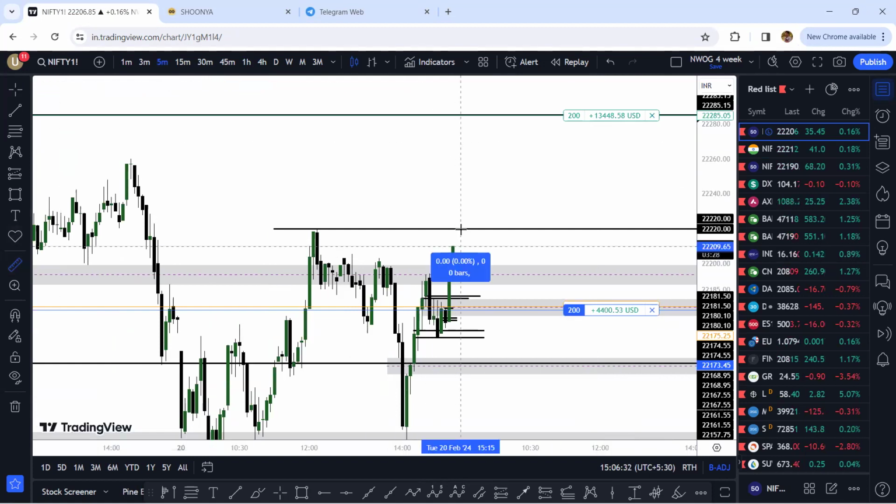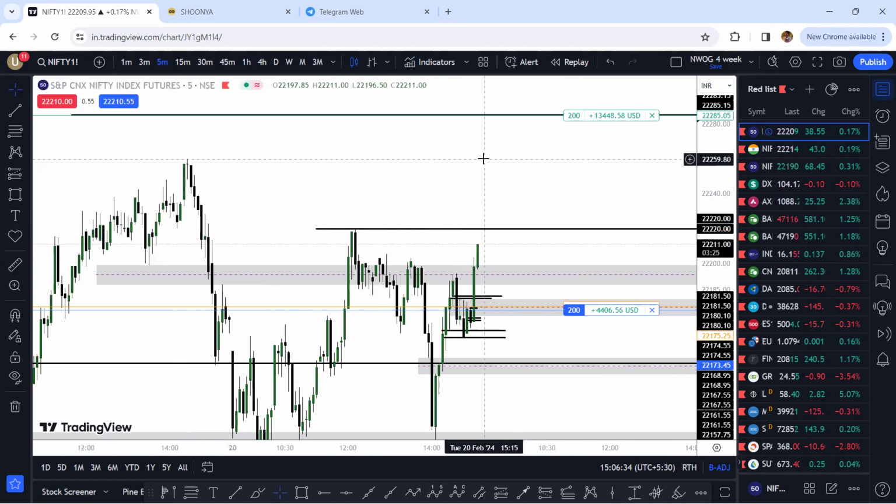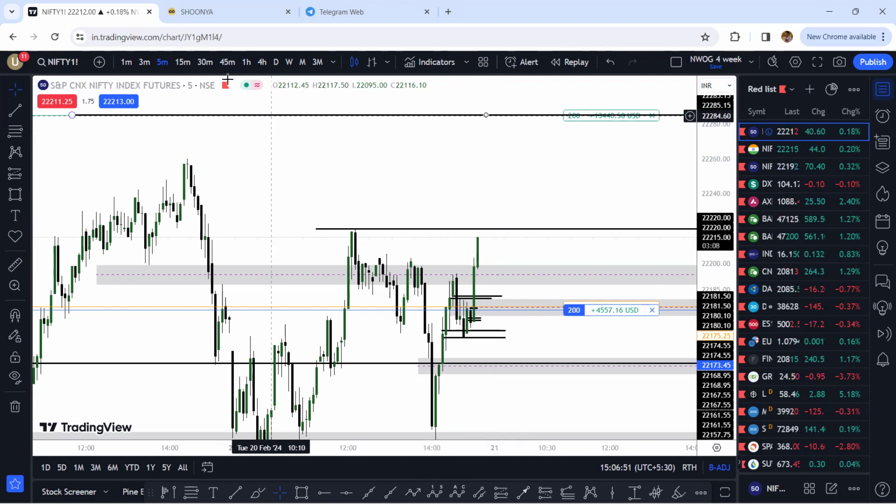That's almost how many more points. So one more spike there and things are good to go, I believe.